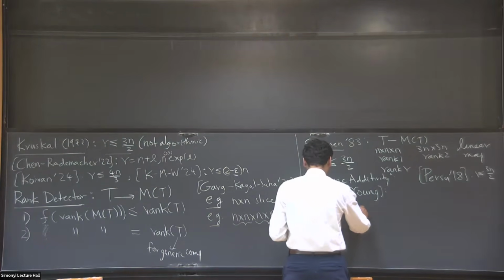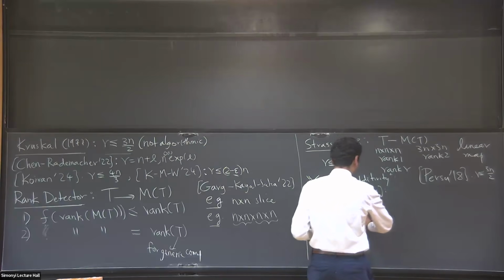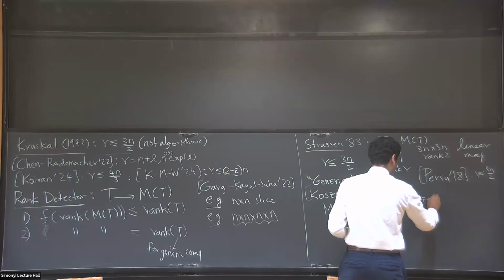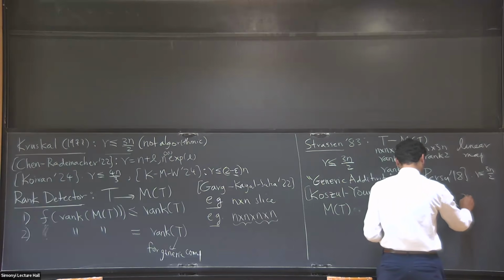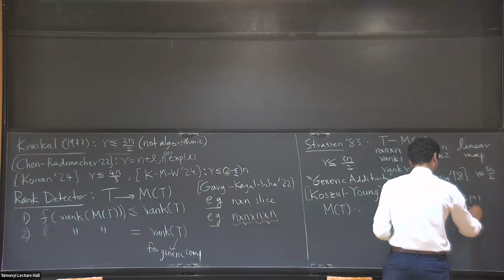So M of t is going to be a matrix. I'm going to write it like this, but of course, they are the same numbers.